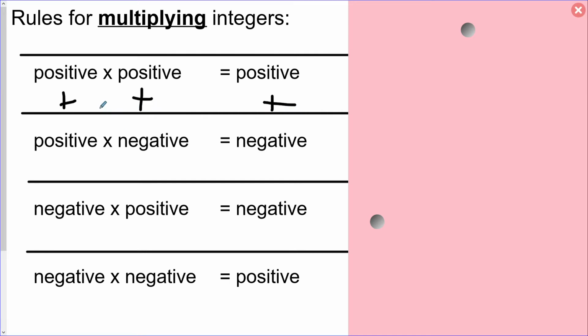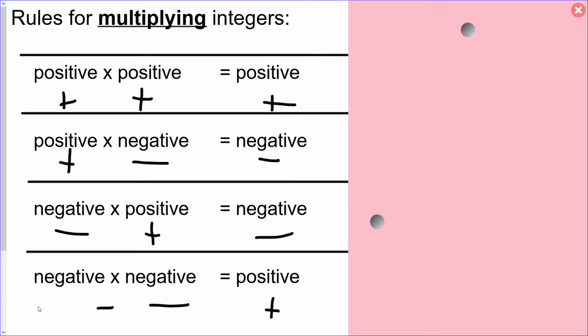So positive times a positive equals a positive, positive times a negative equals a negative, negative times a positive equals a negative, and negative times negative equals positive. Or another way to look at it is that if the signs are the same, you end up with a positive. If the signs are different, you end up with a negative. I'll leave it to you to decide which one of those ways of remembering works the best for you.